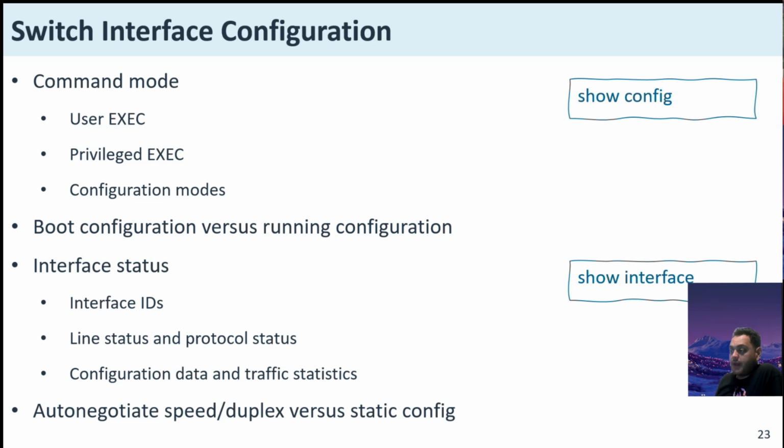These are usually many show commands, but two of particular importance are as follows. Show config shows the switch's configuration. The startup configuration, show startup-config, could be different from running configuration, show running-config.